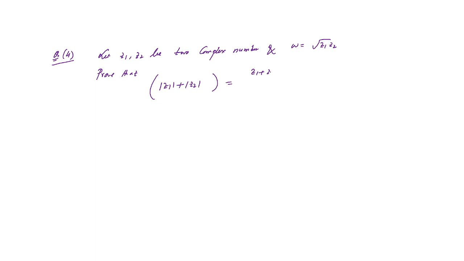Let z1, z2 be two complex numbers, and omega is the square root of the product z1 z2, and prove that mod z1 plus mod z2 equals the modulus of (z1 plus z2) by 2 plus omega, plus the modulus of (z1 plus z2) by 2 minus omega.